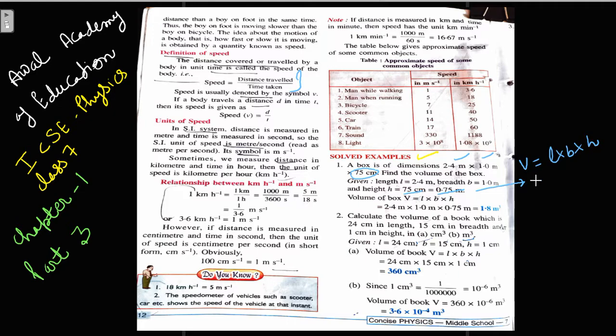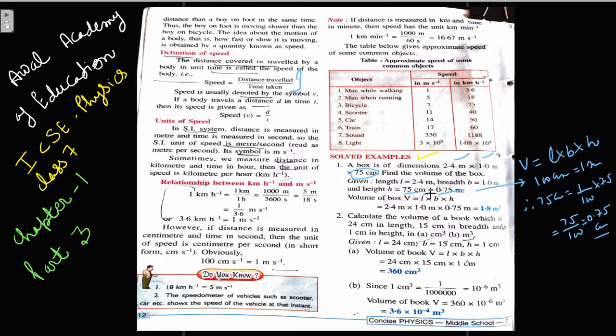We know 100 centimeter equal to 1 meter. Therefore 75 centimeter would be 1 upon 100 multiplied by 75. So 75 upon 100 equal to 0.75 meter. The rest is given here.